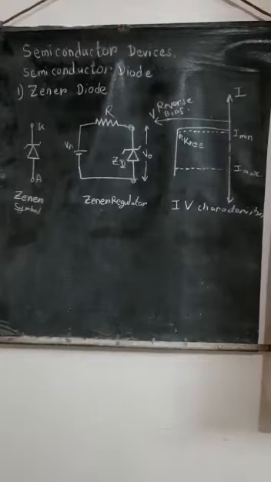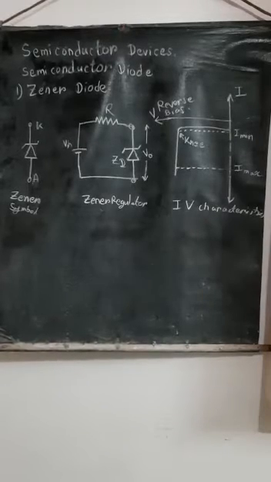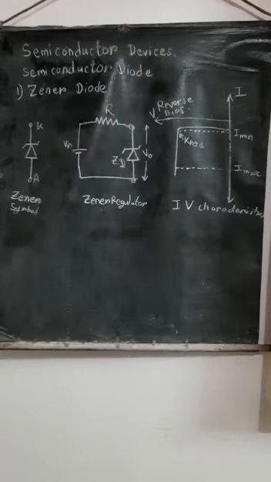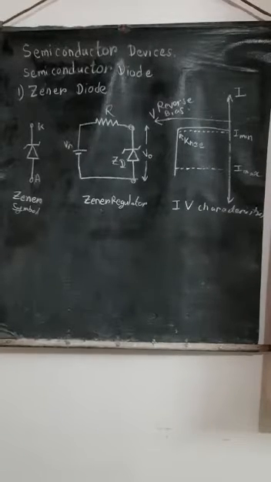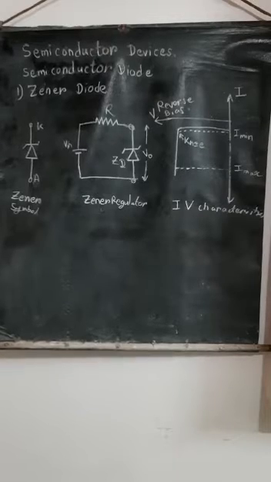The figure shows its operating IV characteristics, a simple Zener regulator and its symbol. The Zener diode is useful working in reverse bias only.